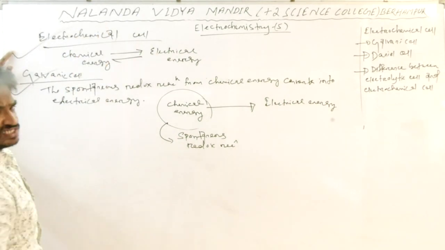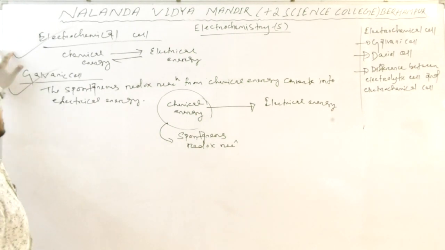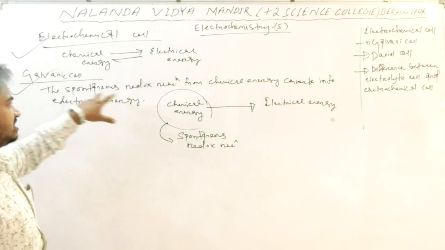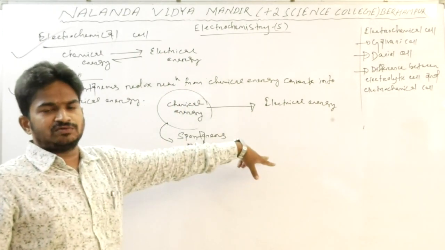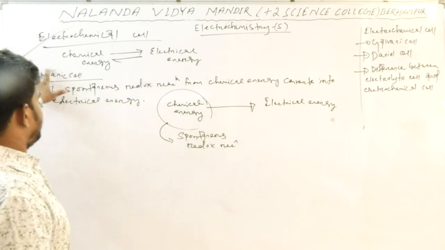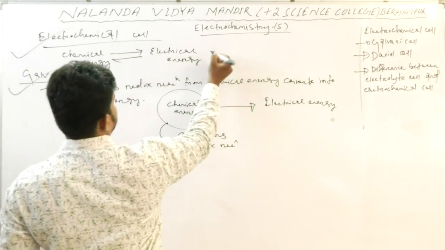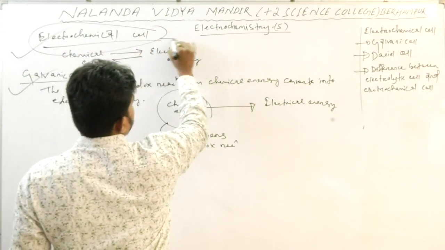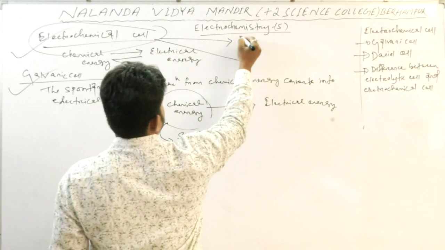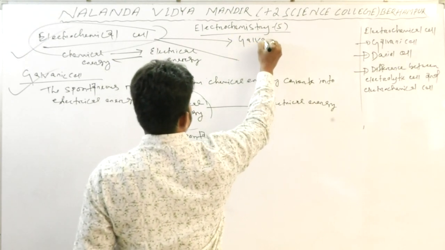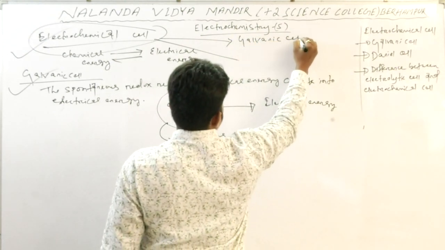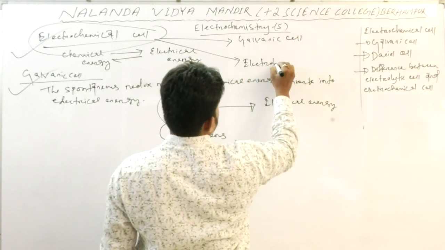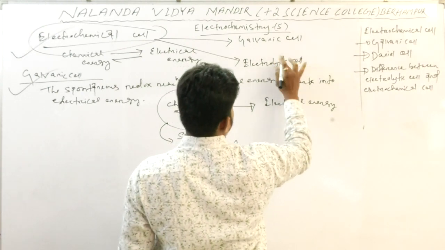Under the electrochemical cell, two types of cells come: the galvanic cell, where chemical energy converts into electrical energy, and another one, the electrolytic cell. So the electrochemical cell is of two types, the galvanic cell and the electrolytic cell.